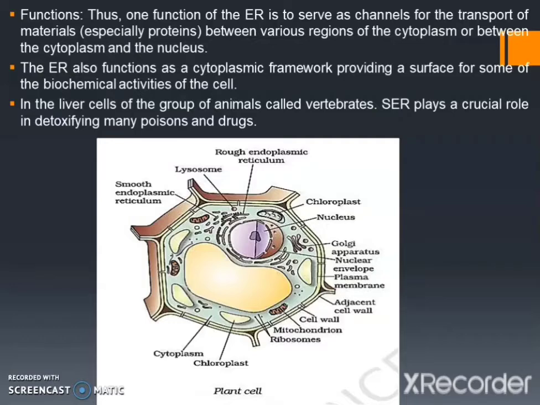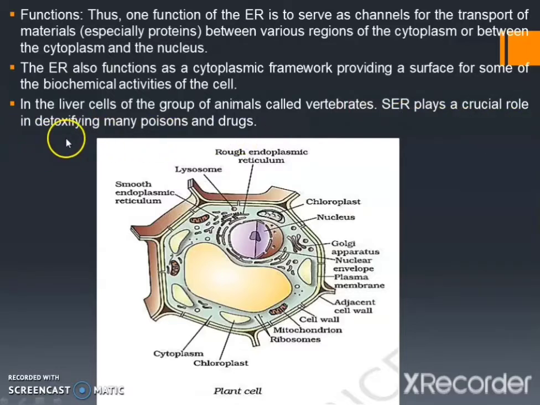And in the liver cells of a group of animals called vertebrates, the smooth endoplasmic reticulum plays a very crucial role in detoxifying many poisons and drugs. Vertebrates are organisms with a vertebral column, like human beings and many animals. And what role do they play?